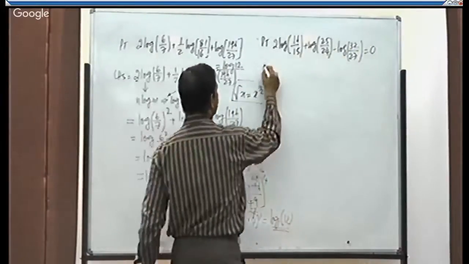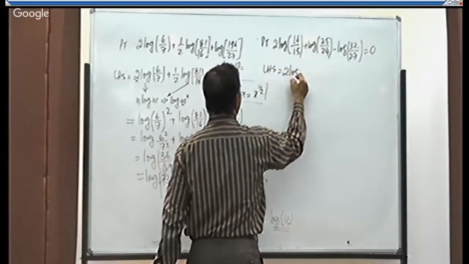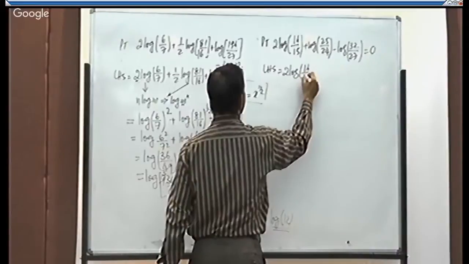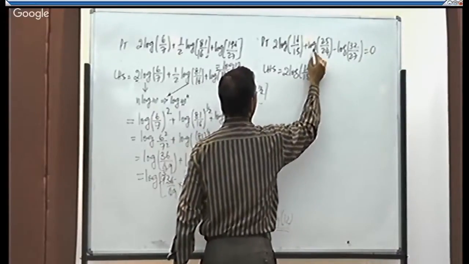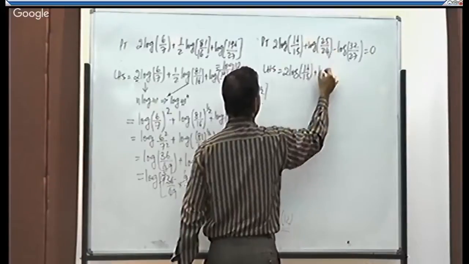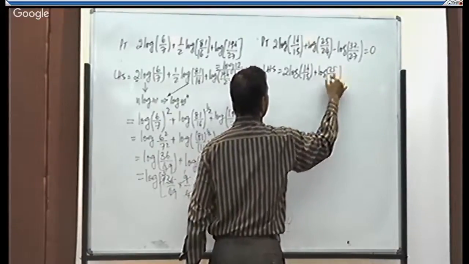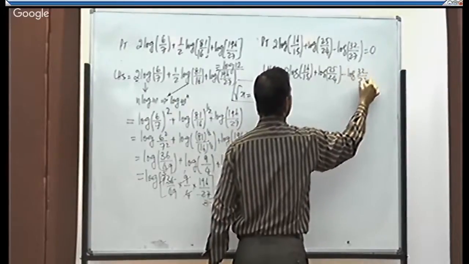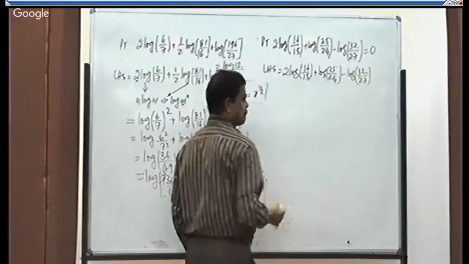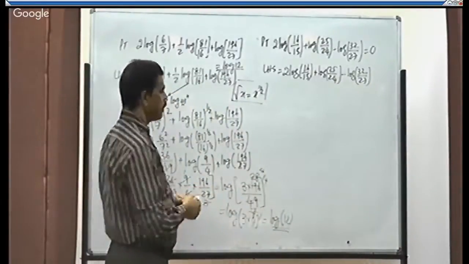You take the left hand side. So left hand side is what? 2 into log of 16 divided by 15 plus log of 25 divided by 24 minus log of 32 divided by 27. So this problem can be solved in different ways.